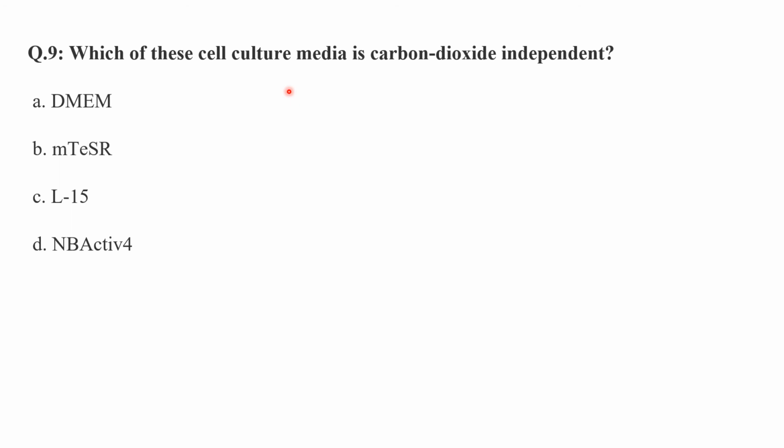The pH is also maintained because of the CO2 given to the cells. You may know that 5% CO2 is given, and this CO2 is not a metabolic requirement of the cell.